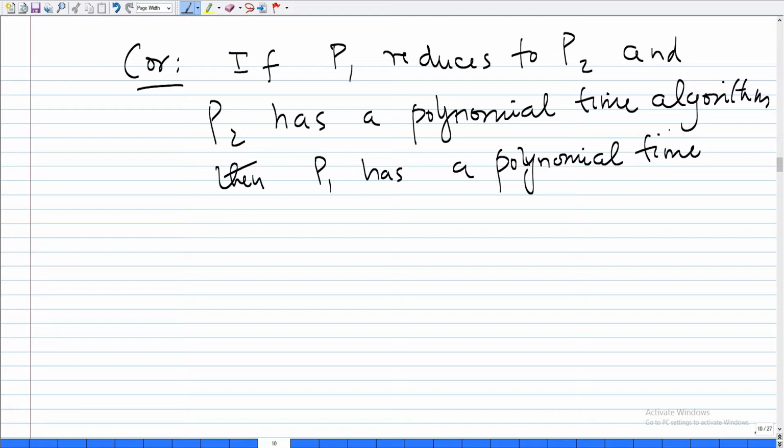From the answer, you recover the answer for P1, and that would constitute a polynomial time algorithm for P1. That algorithm's running time would be whatever time it takes for your reduction plus whatever time it takes for P2.